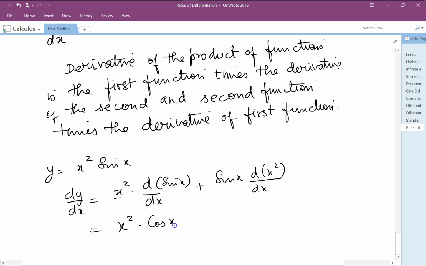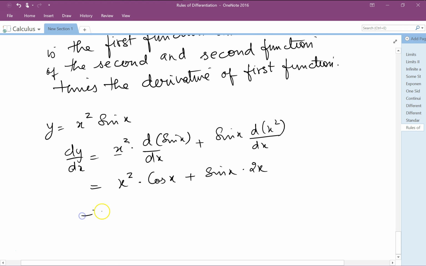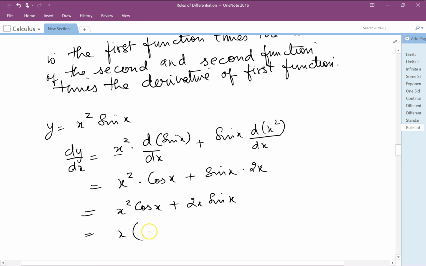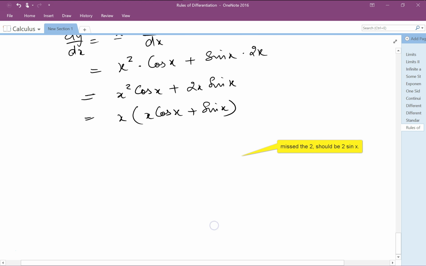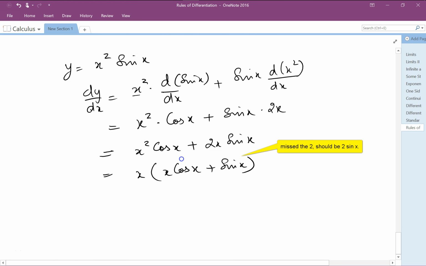Cos x plus second function times the derivative, so times 2x, which is equal to x square cos x plus 2x sin x. Could take it one step further by taking out the common x. So x times x cos x plus 2 sin x. So that is the product rule.